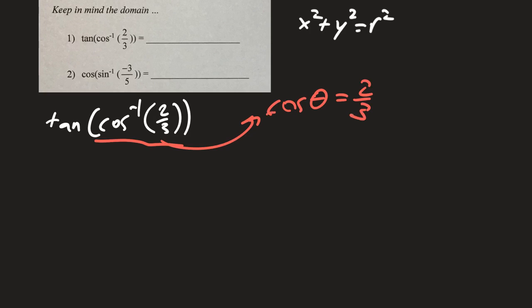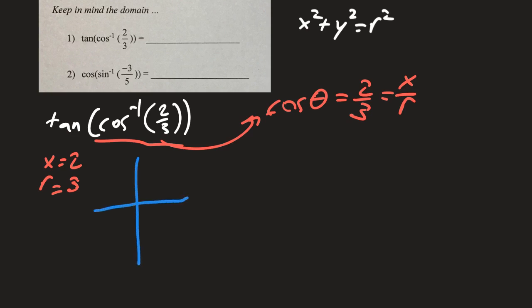And by knowing that, I can tell you by definition that must be x over r. So I know that my x value equals 2 and my r value equals 3. So let's draw a triangle with this information, and we want to mount this on a coordinate plane, okay?